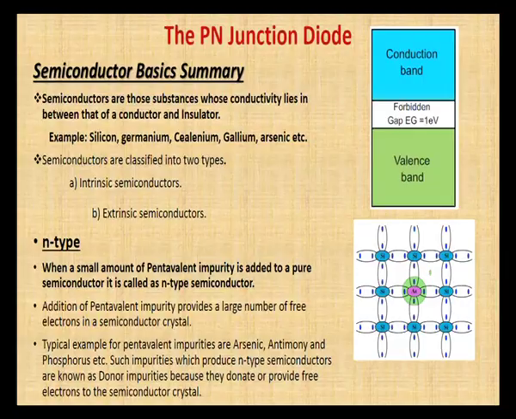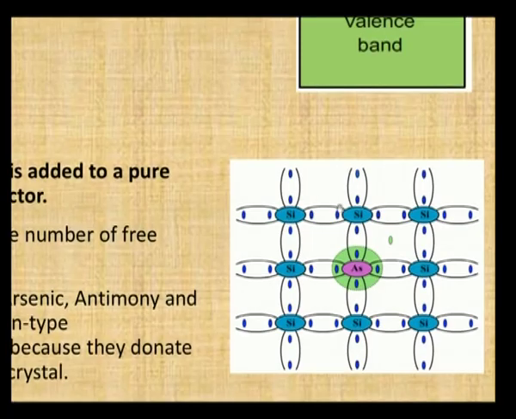As I said, we add an impurity to the extrinsic semiconductor to make it an n-type semiconductor. Here we observe in the figure that these are the silicon atoms, and these are the free electrons surrounding the silicon atom.